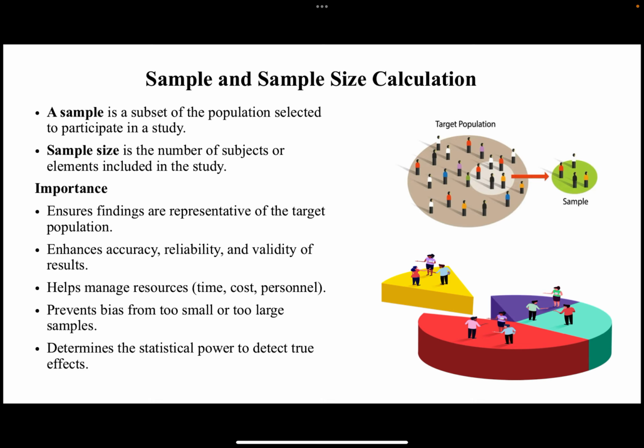Again, sample size is important because it helps to prevent bias from using too small or too large a sample size. It also determines the statistical power to detect real effects. In simple terms, a small sample may give wrong conclusions.